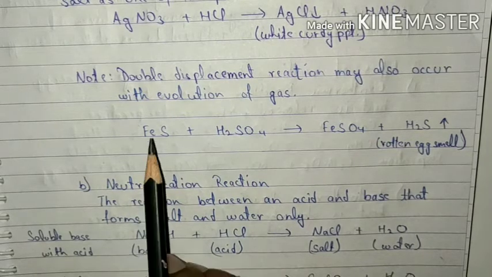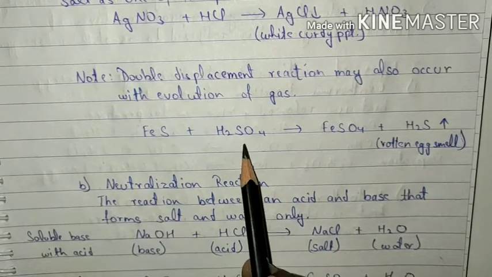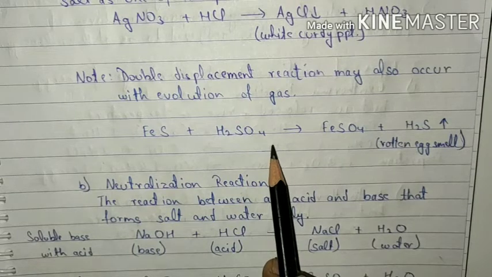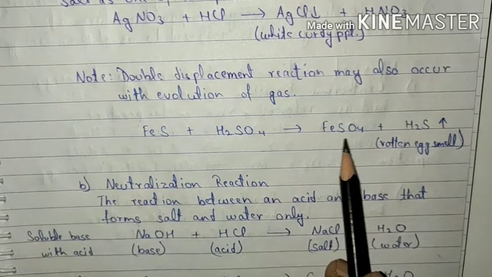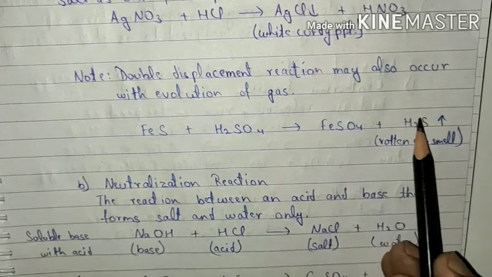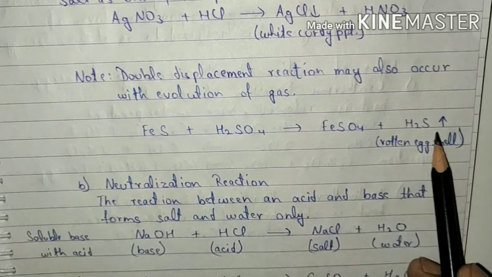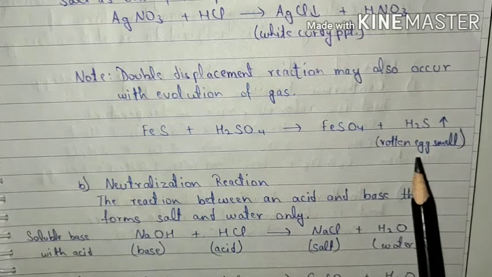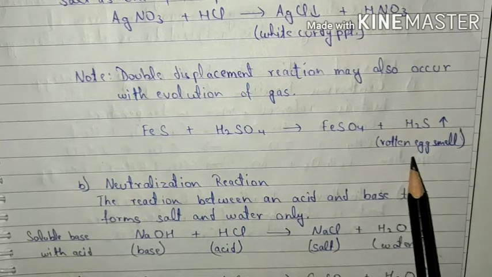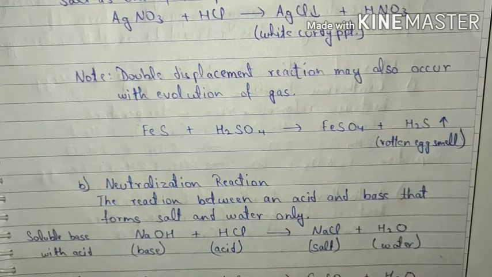As you can see over here, ferrous sulfide on reaction with sulfuric acid produces ferrous sulfate, and we observe evolution of a gas, which is hydrogen sulfide. We can identify the presence of hydrogen sulfide by its characteristic rotten egg like smell.